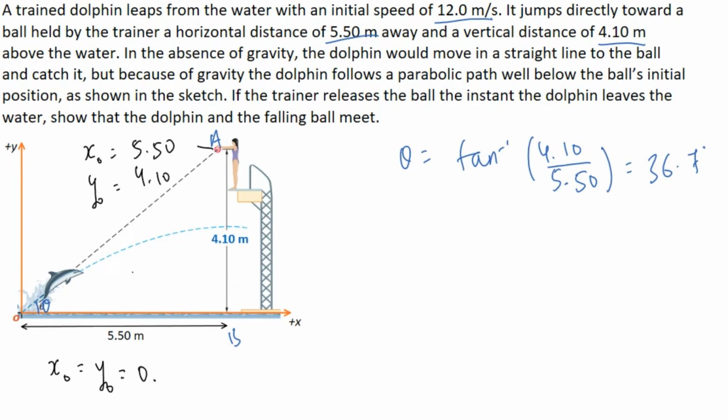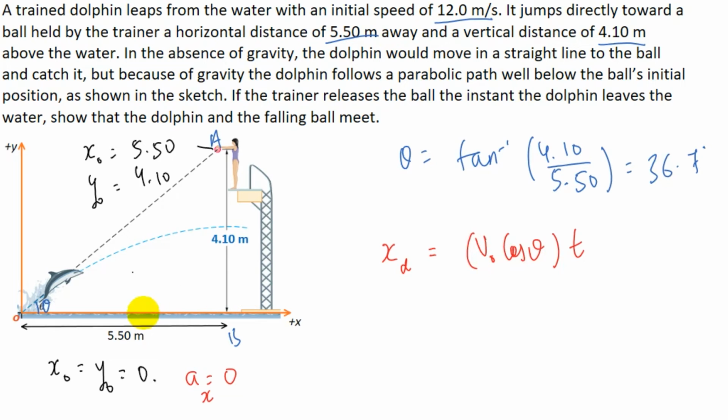Now with respect to the dolphin, the horizontal distance traveled is 5.50 meter. So we can apply the equations of motion in the horizontal direction. Since acceleration is 0 for the dolphin in the horizontal direction, so a x is 0, and we can directly write that xd, the distance traveled by the dolphin, is equal to v naught cosine theta times t.